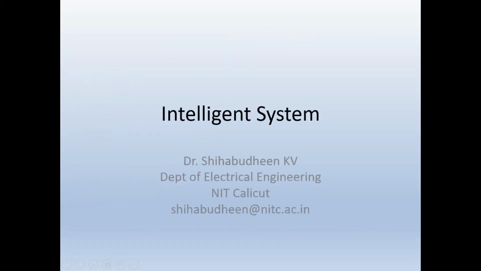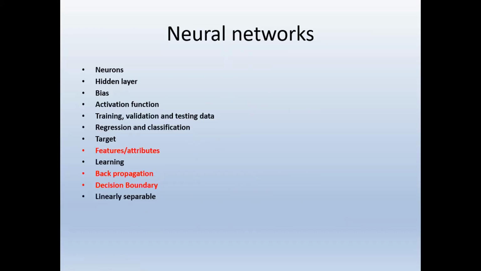So once again, I am assuming that these are known portions for you. Maybe you have a course in your curriculum, I think there is a subject, soft computing, which starts with neural networks. I'm expecting that at least the first 5 or 6 terminologies are already known to you.